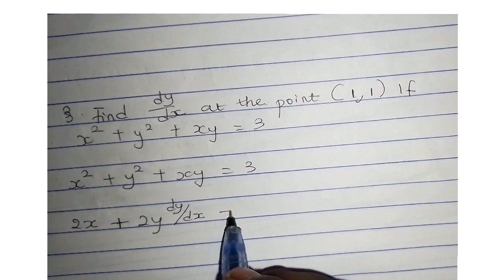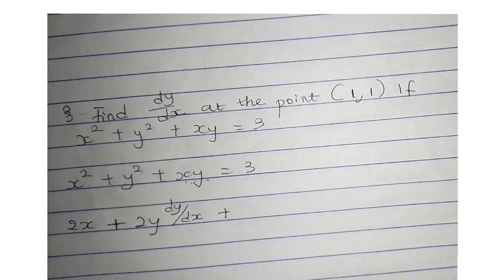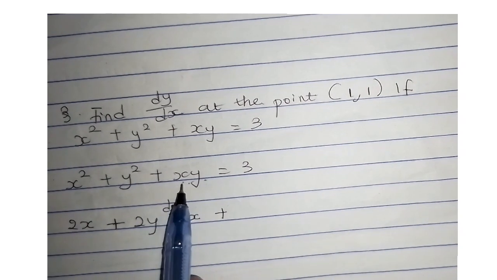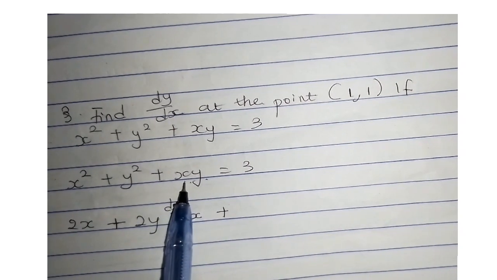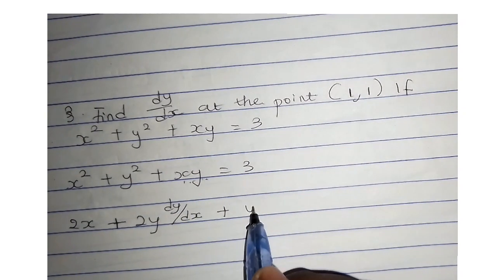Now, this is xy. This is a product form, and we're going to use the product rule in this function, which is where we differentiate u and v. So this is how we're going to do it. When we differentiate x, what we're going to have is 1. So 1 times y is y, so we're just going to have y here.